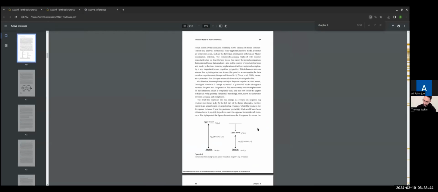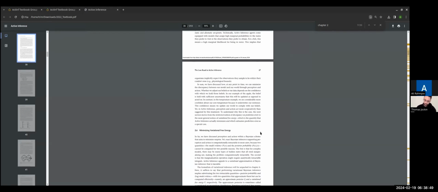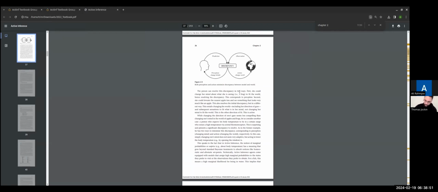A lot happens in 2. This is kind of the first technical chapter, and it's the low road with the how.